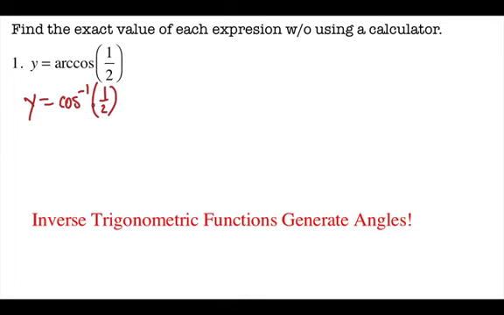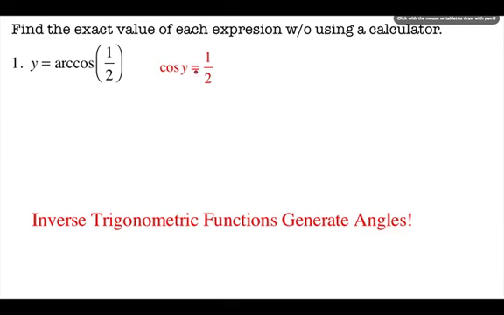Okay? So let me just get rid of this. So this is what I'm going to do. I'm going to rewrite this as cosine of y equals 1/2. And this is something you learn about in geometry. If you didn't, this is what it means. We can rewrite this expression the following way, because it represents an angle.